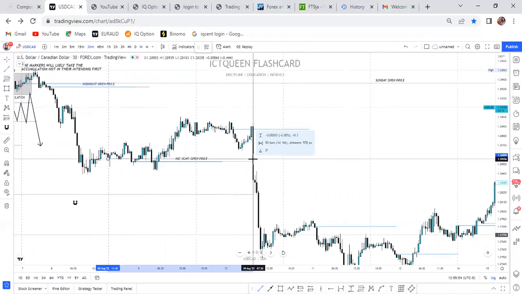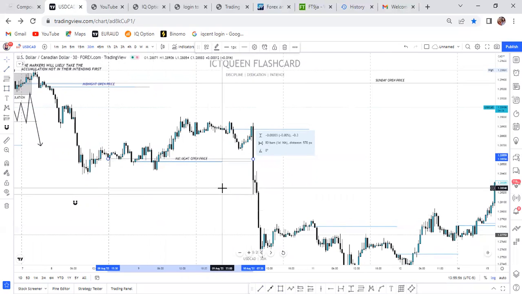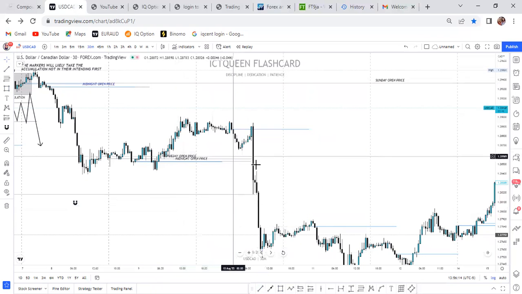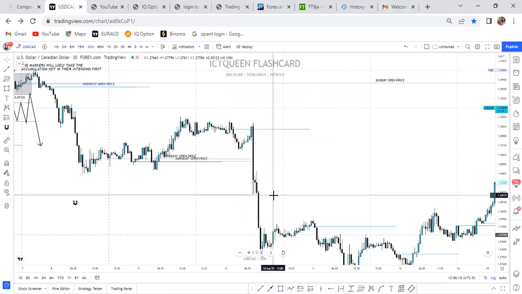I have something that usually keeps it marked up for me. Now this is our true day open price, which is slightly above our midnight open price. That's our true day open price, guys.